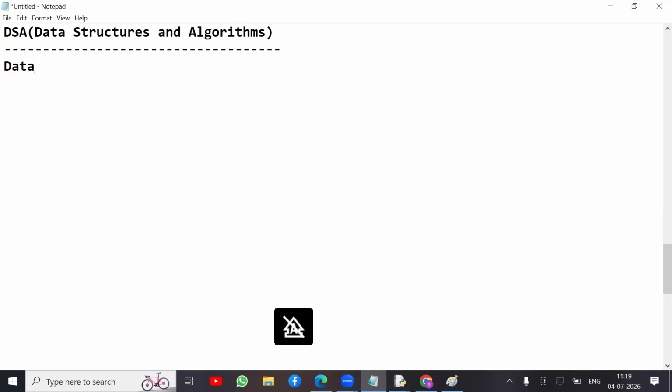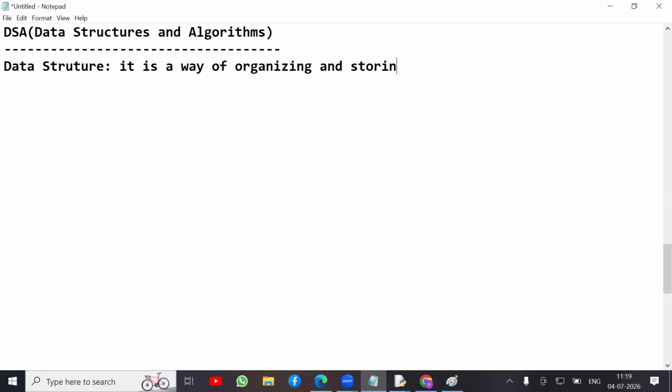Okay, first we need to understand what is the data structure. What is meant by data structure? It is a way of organizing and storing data effectively or efficiently.